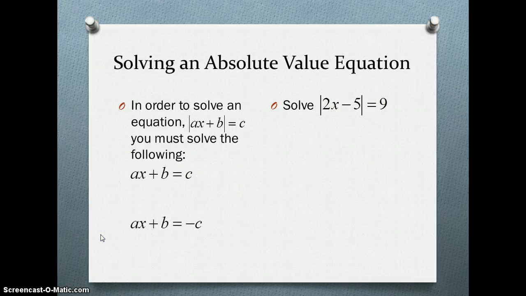So as we think of that, let's think about how we're going to solve an absolute value equation. What this is saying is that ax plus b is c units away from 0.